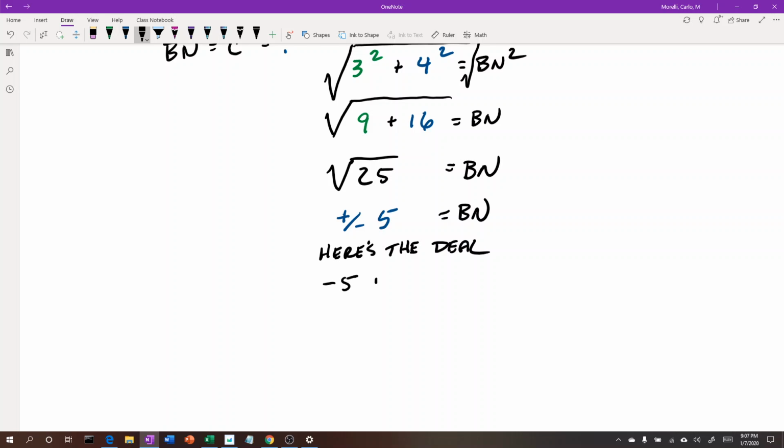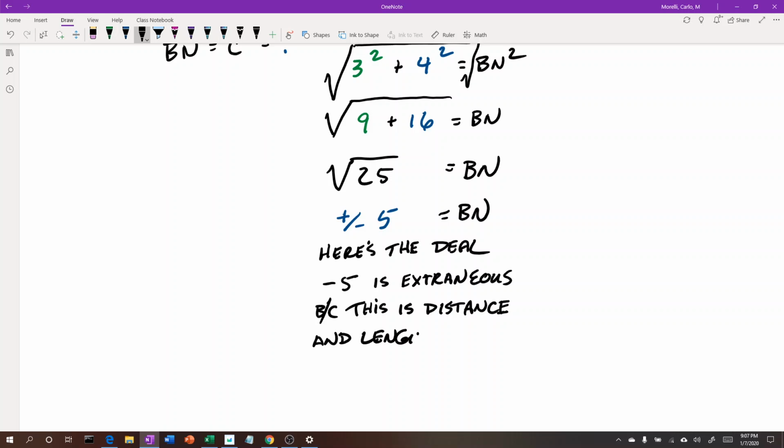Negative 5 is extraneous, because this is distance and length. So we discard negative distances.